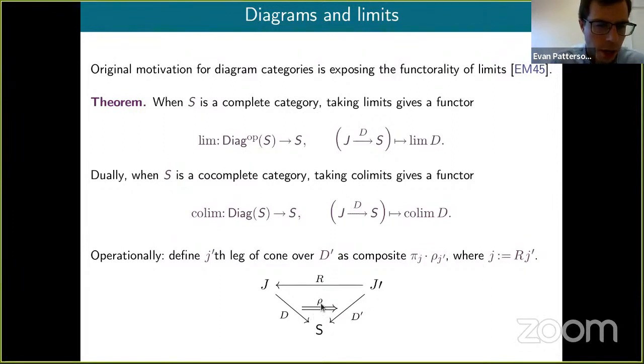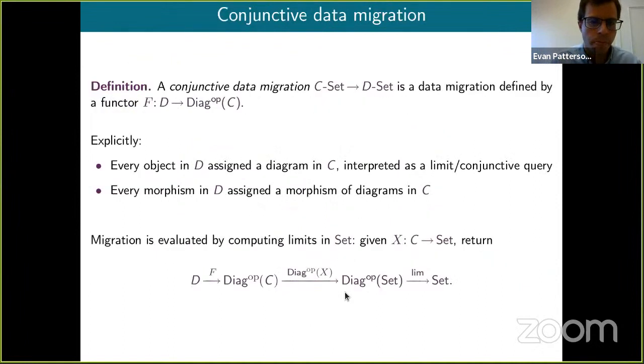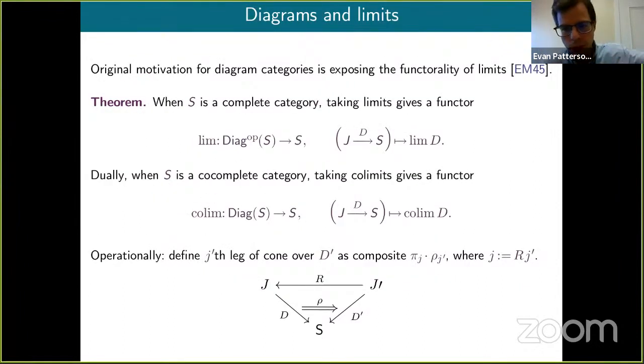And you can check that the naturality condition is what gives you a cone, and so this works. So this is what you can do, and we'll see some examples of how you actually use this in practice. Once you get used to it, it's fairly intuitive.